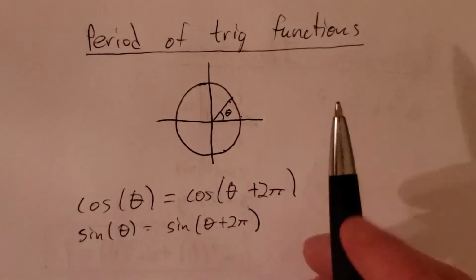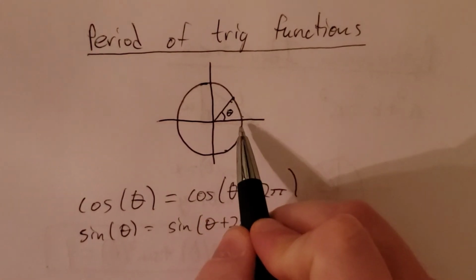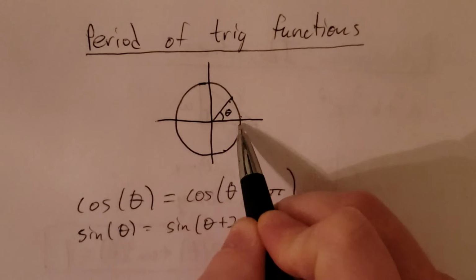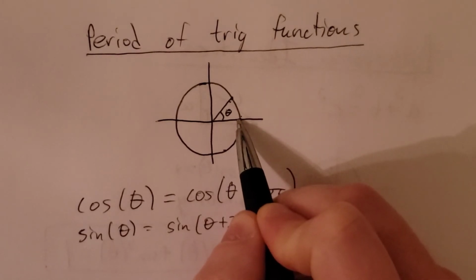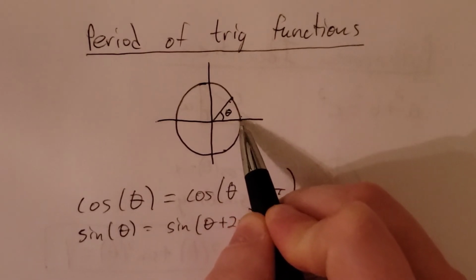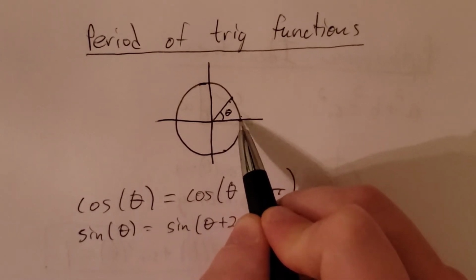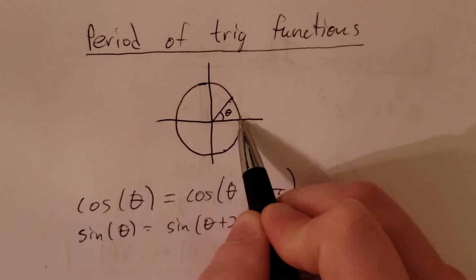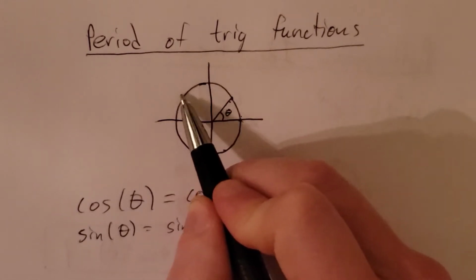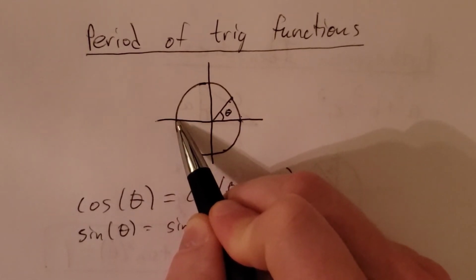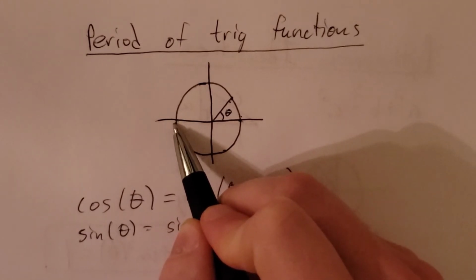Now, interestingly enough, you might also notice that what if we started at theta is 0 and we found sine of that? Well, sine of 0 is 0, right? The y value here is 0. What is sine of pi? What if we just added pi? Let's add pi. Then we move over to here. What is sine of pi? Well, that would also be 0.